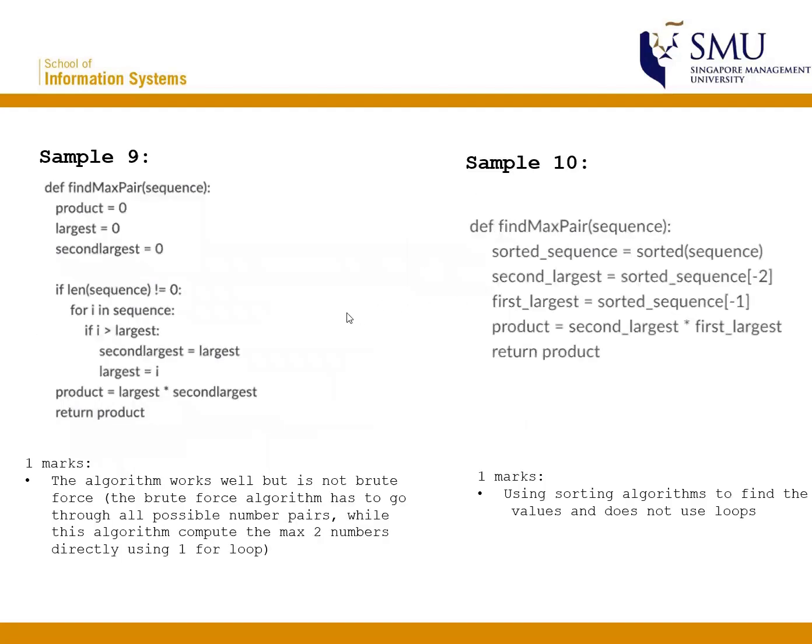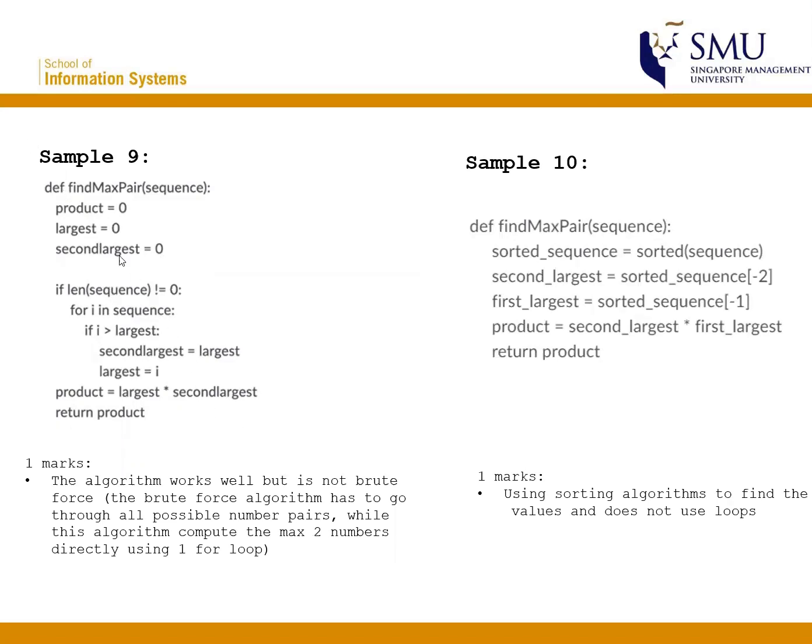And for sample 9, remember that the key requirement of the question is that you have to implement a brute force algorithm. If you do not use a brute force algorithm, you will get only 1 mark.